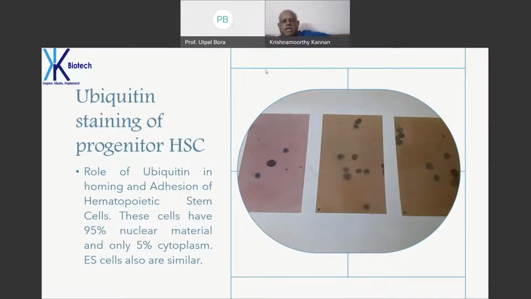Now, just to digress a little bit, one of the ways to solve genetic diseases, for example thalassemia or sickle cell anemia, if you have a matched donor, which is HLA match, you can take a normal one, destroy the patient's thalassemic or sickle cells, and then transplant. Transplantation is nothing but you inject these cells. They will travel home and adhere to the bone marrow and start the whole hematopoiesis. This is what is called bone marrow transplantation.